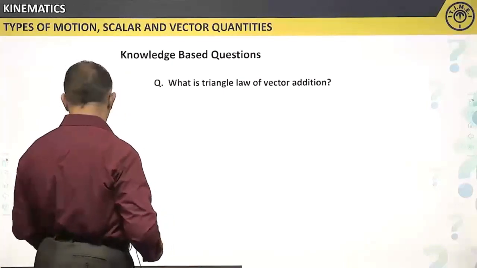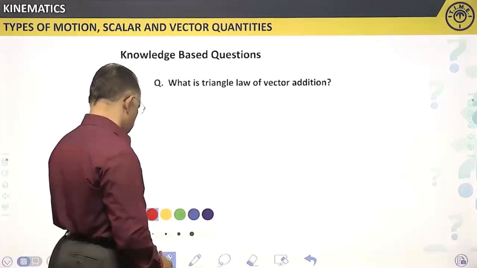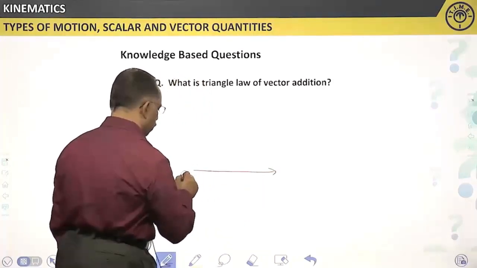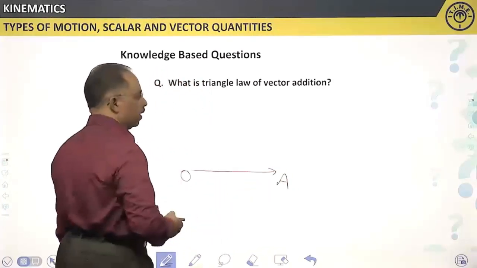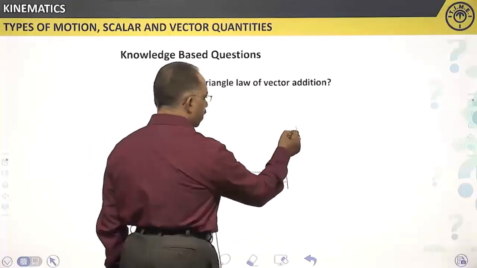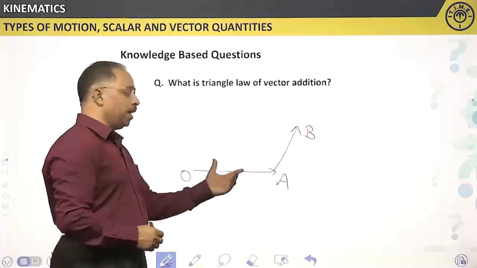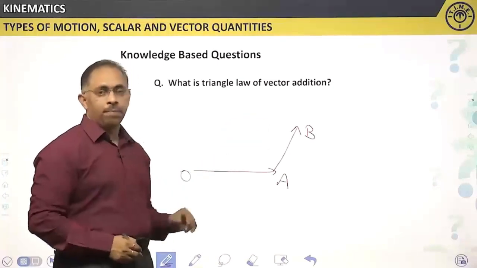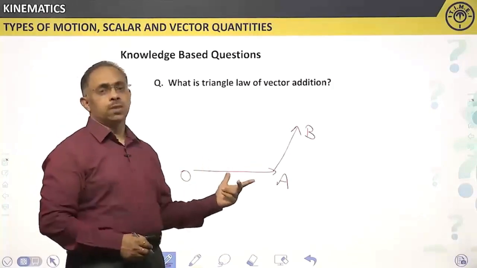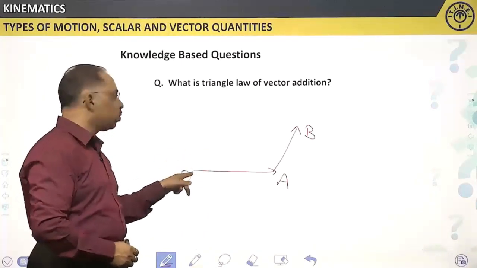Let us take a vector like this, O to A. Then take another vector, say A to B. If I want to add the vectors OA and AB, then the resultant of these two will be given by the line joining O to B.